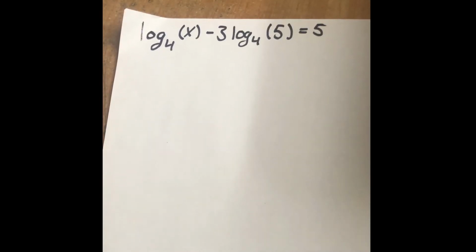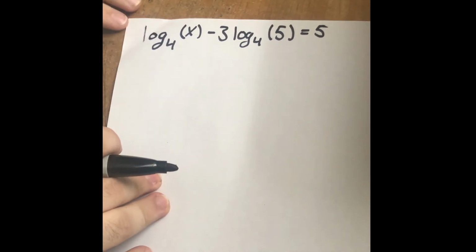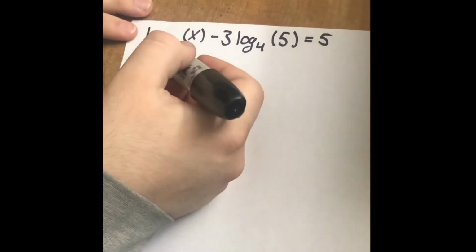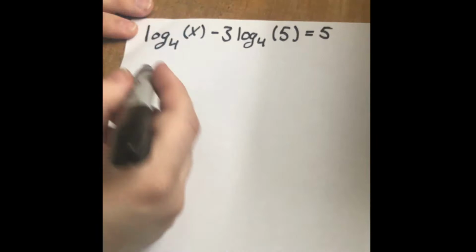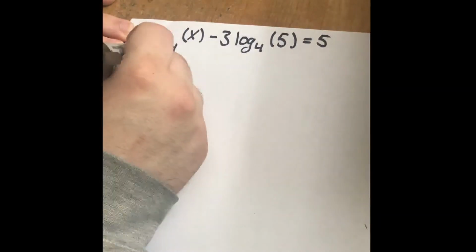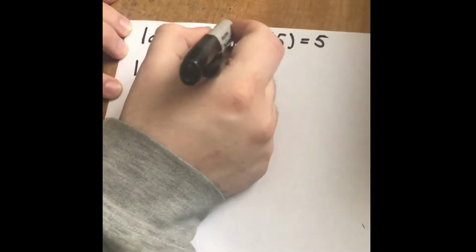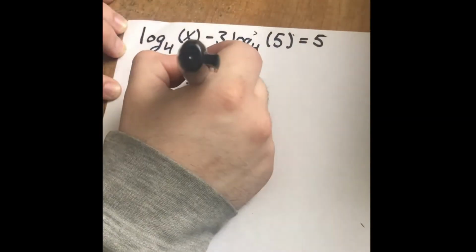So in this example, just looking at it, it seems that it might be helpful to condense this up using the properties we've learned. So first thing I'm going to do is take this 3, right, and make it an exponent.